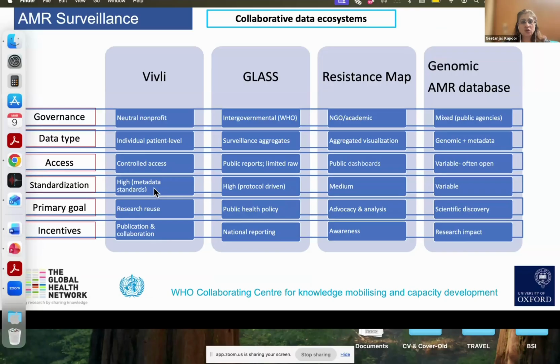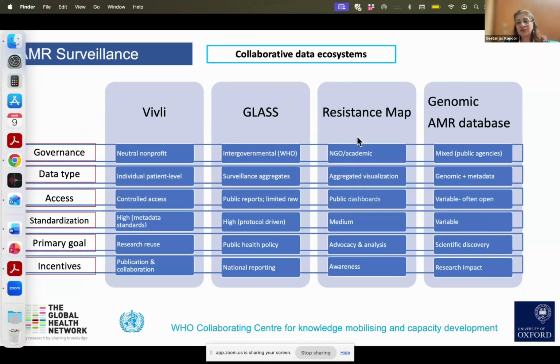And then we're also talking about GLASS. Then you must have heard about ResistanceMap, which is from an NGO, an academic institution, CDEP. And then we also have various genomic AMR databases. So all of these are some examples and really helping in building sharing of AMR data.